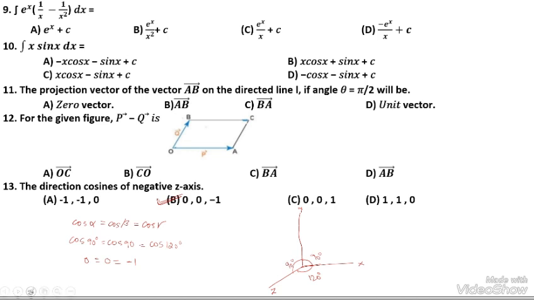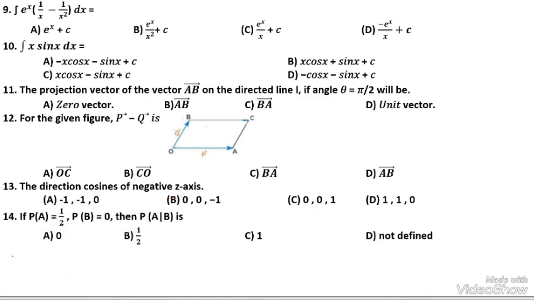Next question. Question number 14. That is based on probability. If probability of A is equal to 1 by 2, probability of B is equal to 0, then probability of, this is the conditional probability.